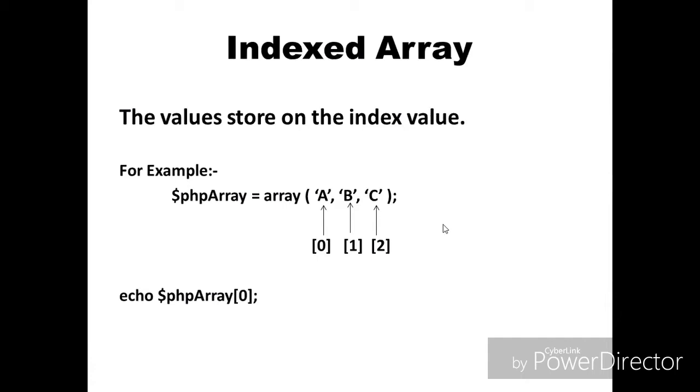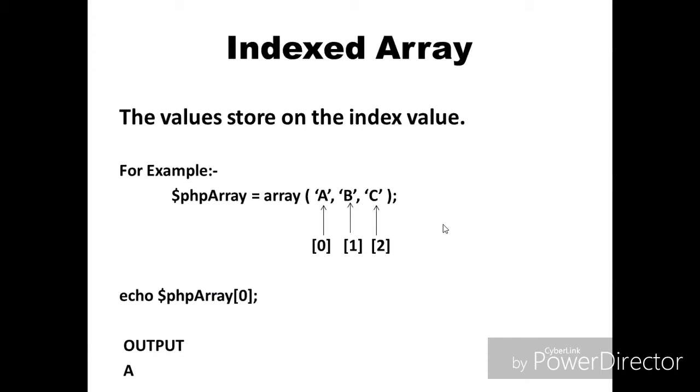So what will be the output? Yes, a, because $php_array[0] contains the value a. Like this we can get the values of b and c.